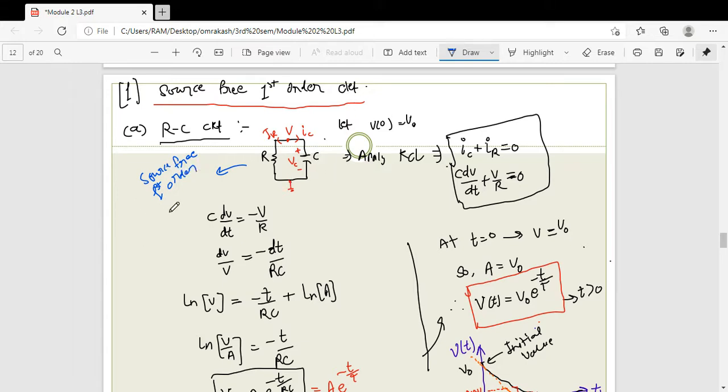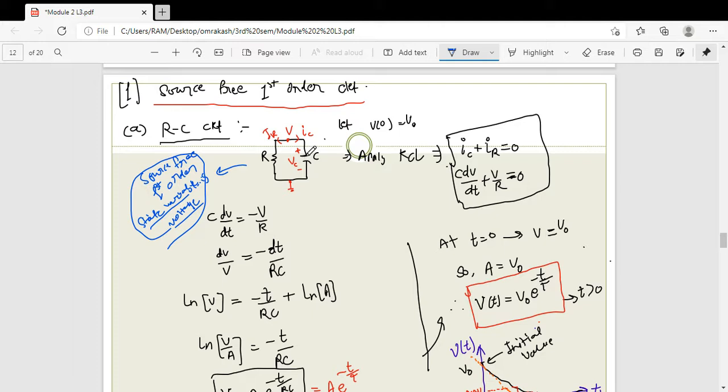C is present, so the state variable is voltage. So by observing this circuit, you have to use your KVL and KCL accordingly and derive the equation for this. So what is the state variable? Voltage. So you have to derive the voltage equation here.